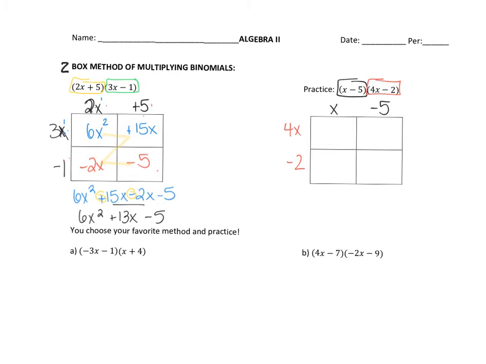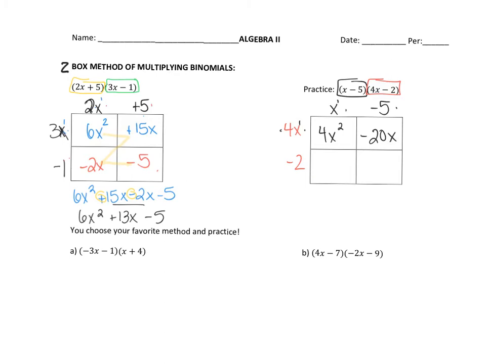Now what we're going to do is we're just going to go ahead and multiply. So I'm going to multiply this term by this term, okay? So remember, we got to pretend that there's a little 1 there so we could add our exponents. And 4x times x gets me 4x squared. Then we're going to come over here and multiply 4x times -5, which gets me a -20x.